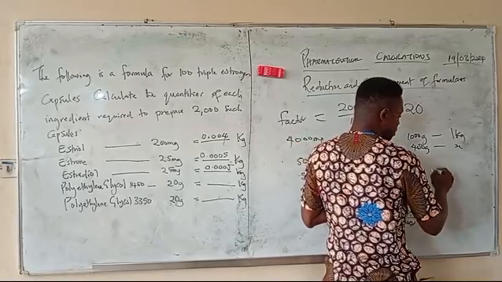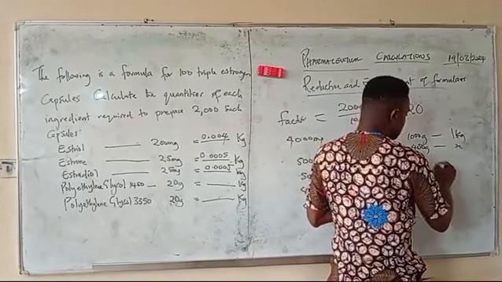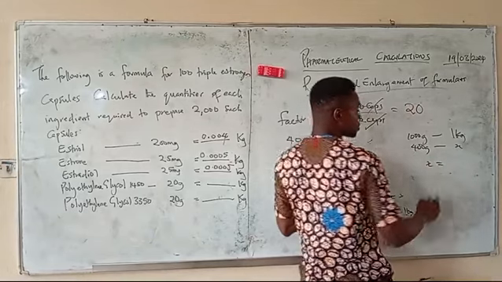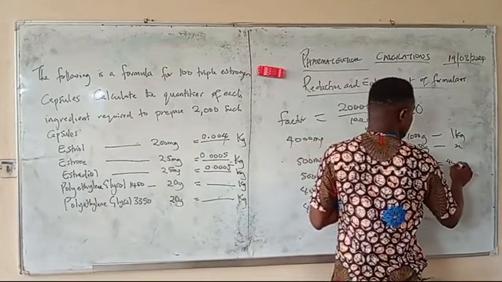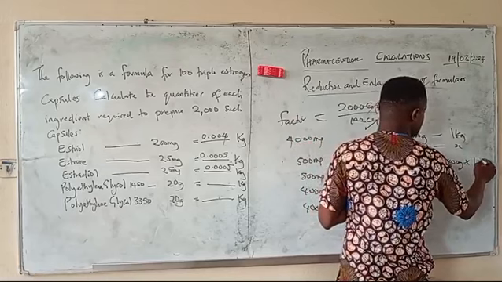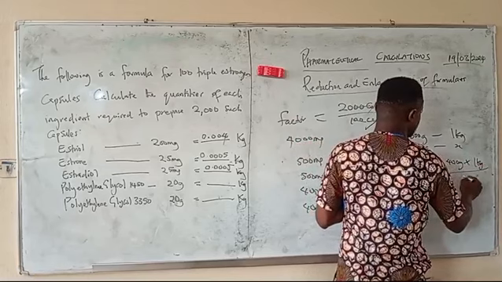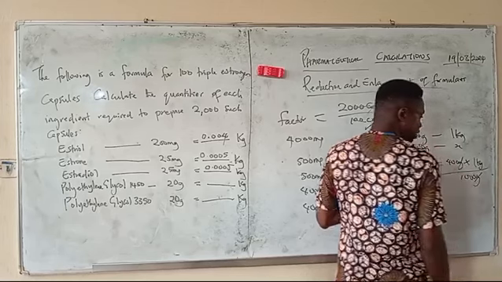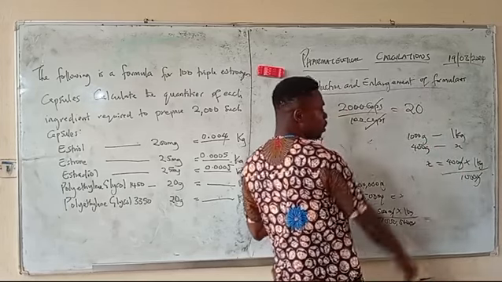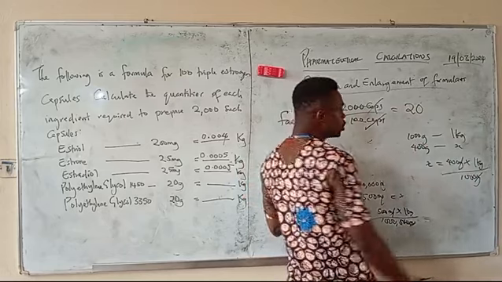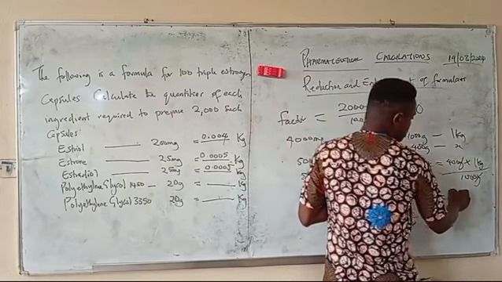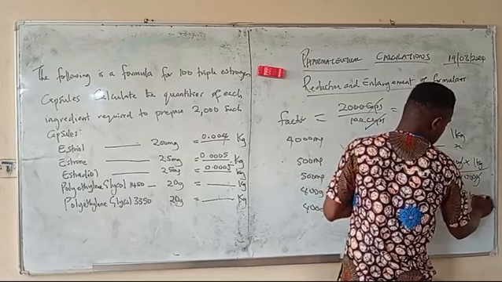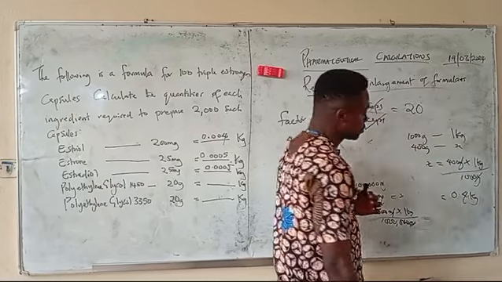So X is 400 gram times 1 kilogram over 1,000 gram. Gram cancels gram. We are left with 400 over 1,000, which is 0.4 kilogram.